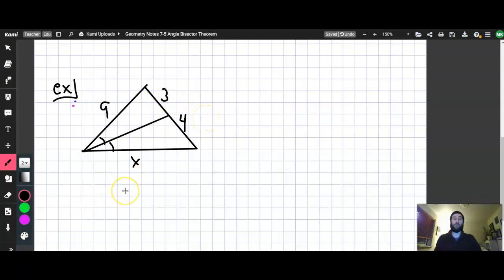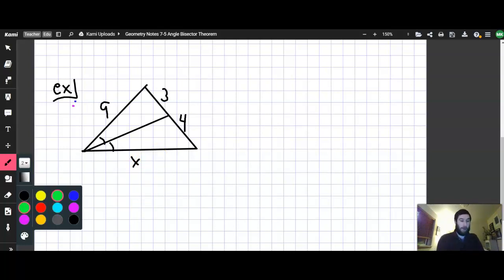So ladies and gentlemen, all we need to do is match. And because we are not dealing with a similarity statement, we're not dealing with similar triangles, however you match it is wonderful, fantastic, and fine. So I'm going to put x on top because, you know, I love having x on top. Makes it so much easier to solve.